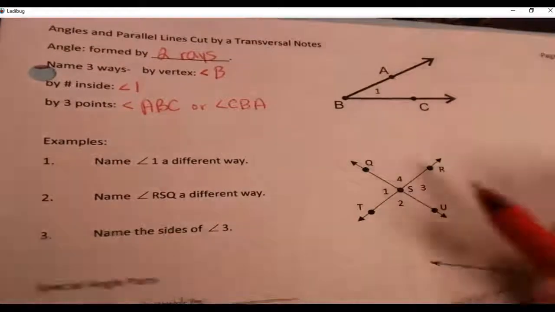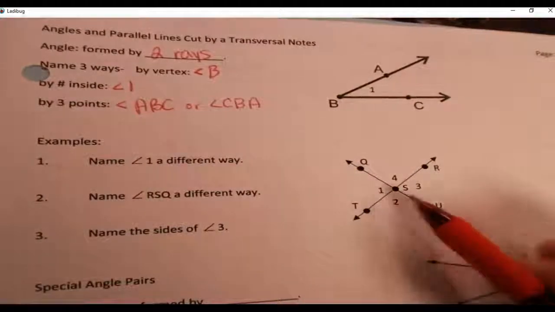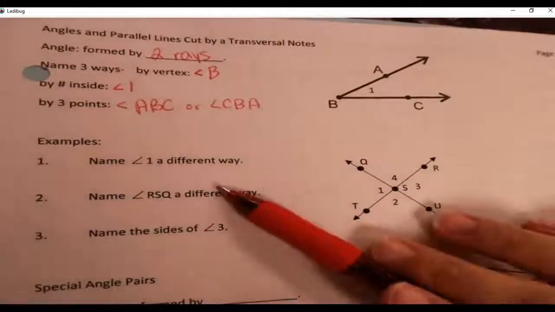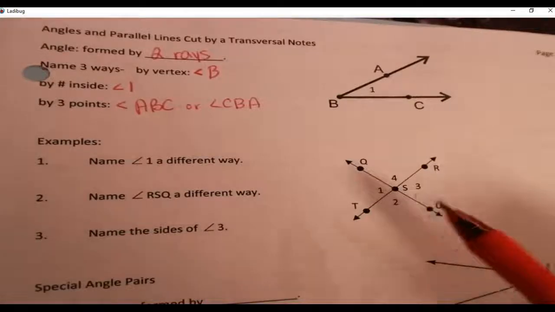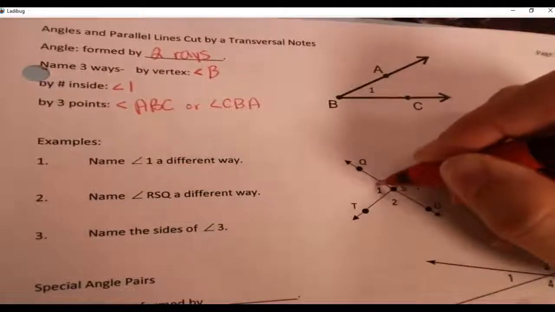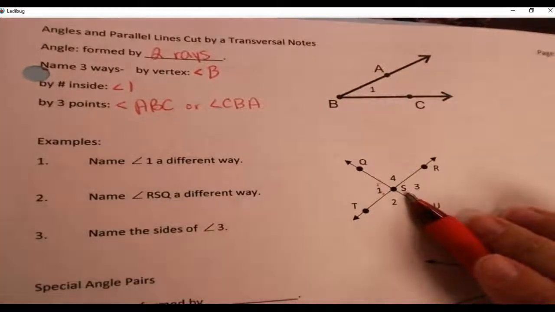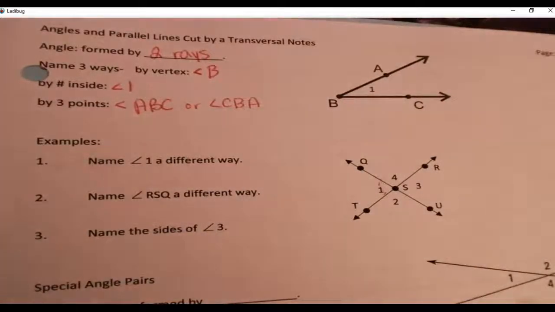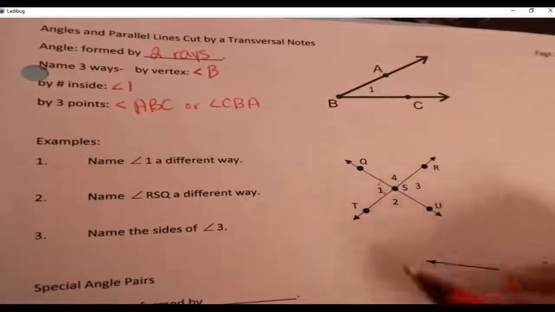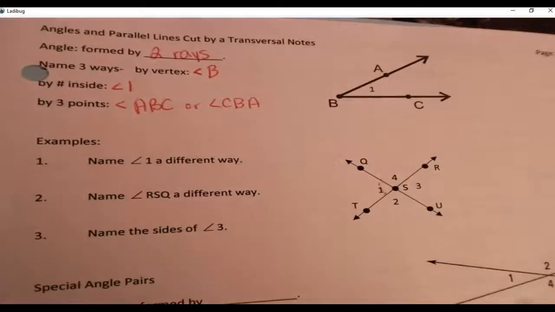Alright, let's look at this picture here. We have 4 angles meeting here: 1, 2, 3, and 4. We want to name angle 1 in a different way. So this is angle 1. In the middle I have angle S. Would I want to call it angle S? No, because why? If I say angle S, do I know which of these 4 angles I'm talking about? No, because they're all angle S. They all have the same vertex.